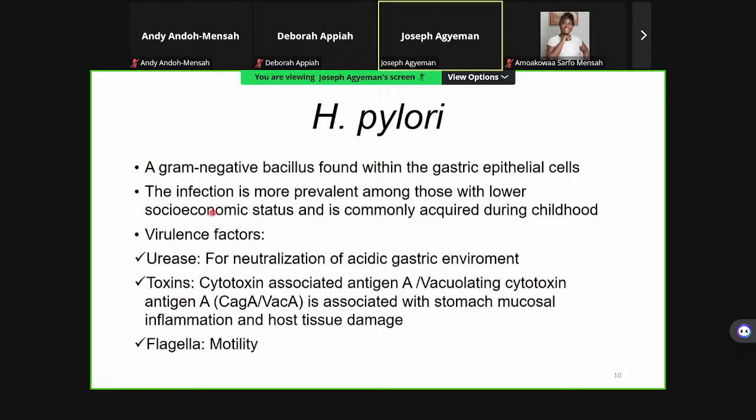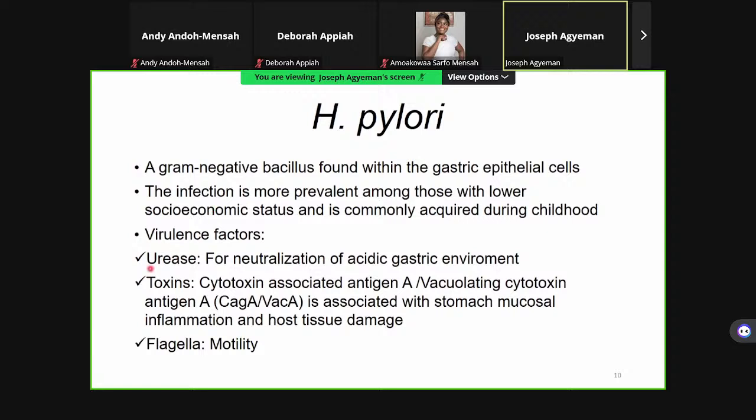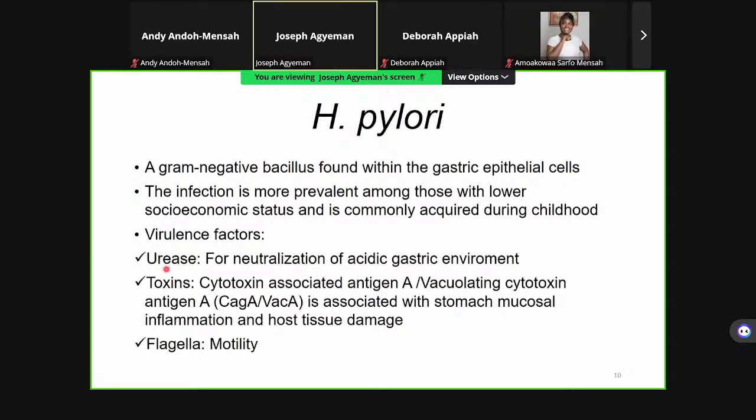It has the following virulence factors, things that help it to survive and also cause harm to us. One of them is the production of a certain enzyme by this H. pylori called urease. Urease enzymes are named according to the substrate they act on, so urease means the enzyme can act on urea.